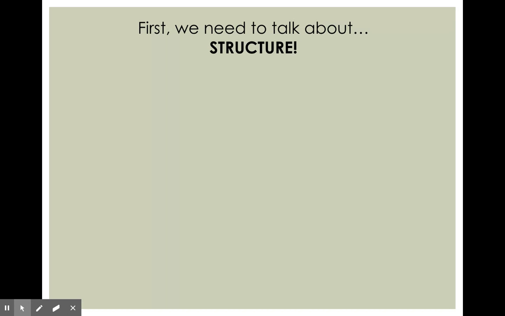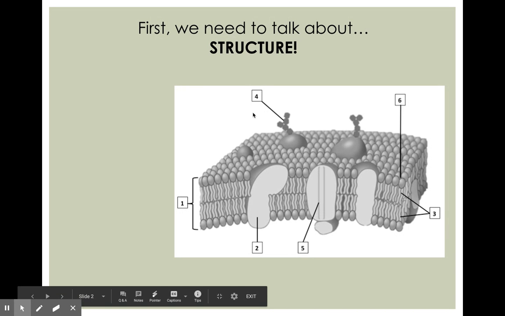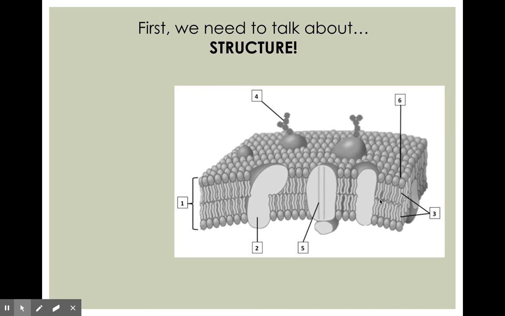So first, we need to talk about the structure of the cell membrane before we can even talk about how things get in and out of your cells. So obviously, your body is made up of millions and trillions of cells, and each one of these cells has a cell membrane, okay? I want you to picture this section as just a small, tiny section of a cell.